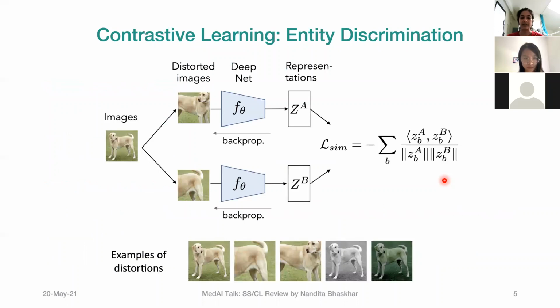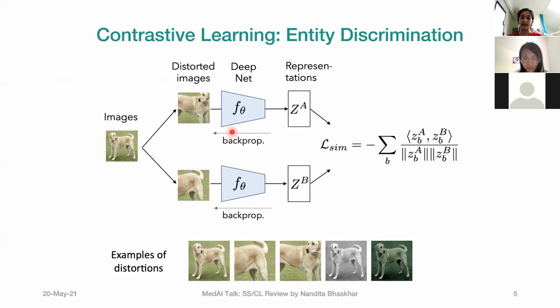The framework of every contrastive learning approach follows this pattern almost. Given a set of images, you're trying to get at least two distortions or augmentations. Given these two views, as they are called, you pass them to a deep neural network, which acts as an encoder, and you extract representations from these two views.